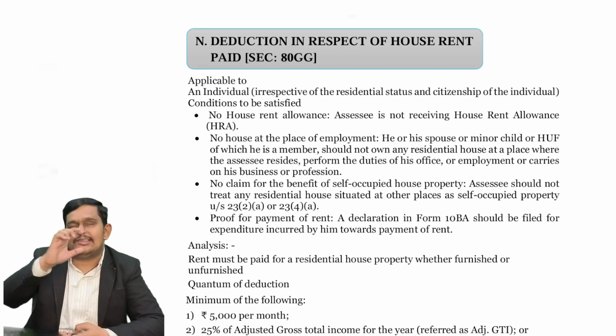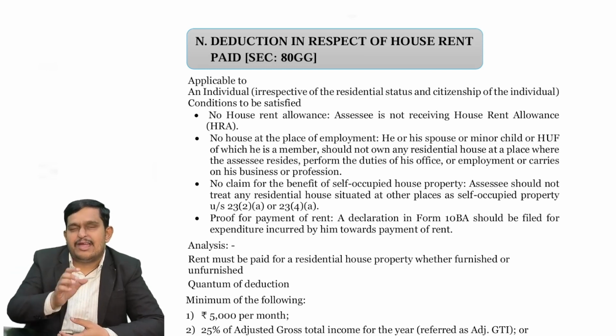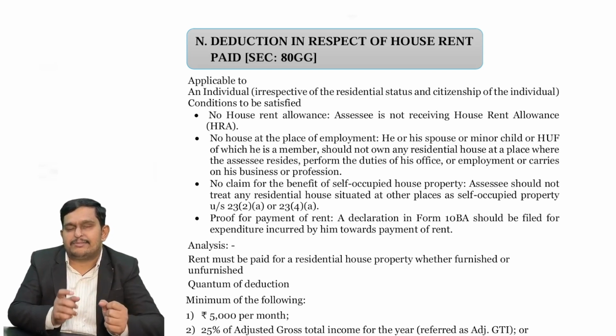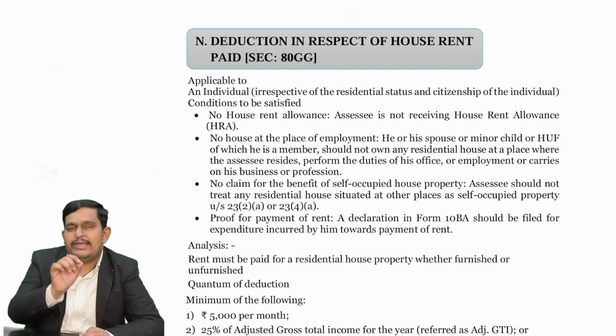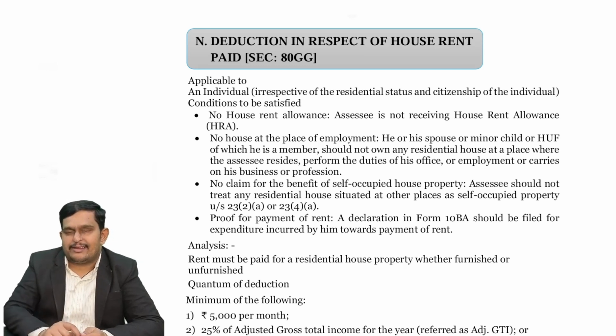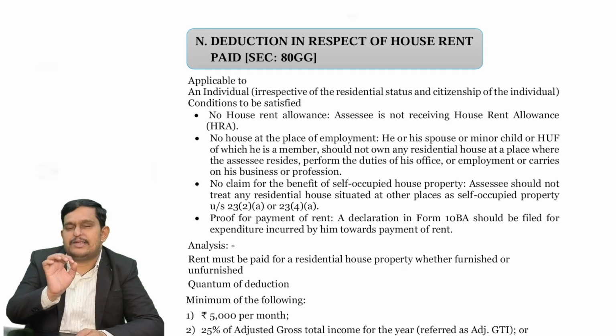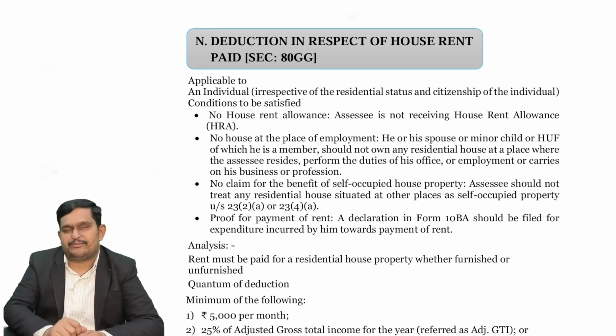He doesn't have any other house property in his name at any other place which is mentioned under section 23 subsection 2a or 23 subsection 4a. And while he paid the rent, he declared it in form 10BA of the income tax. Then he is eligible for claiming deduction. How much deduction? Minimum of the 3 is claimed as deduction.